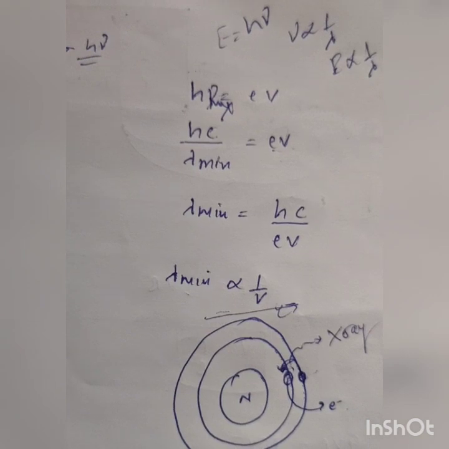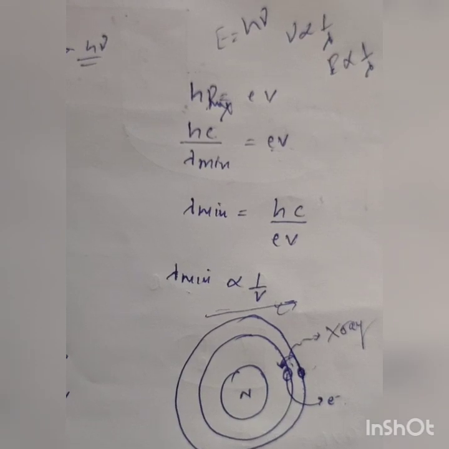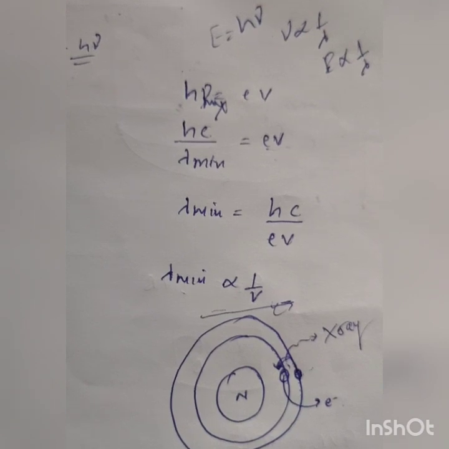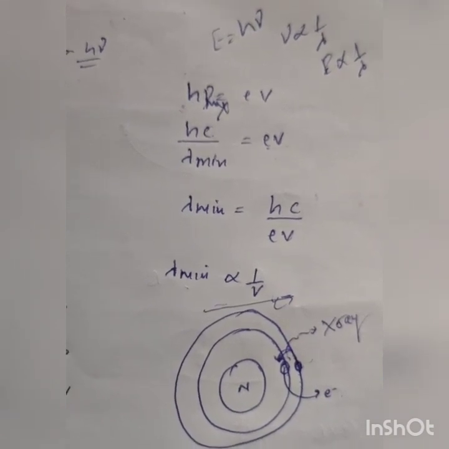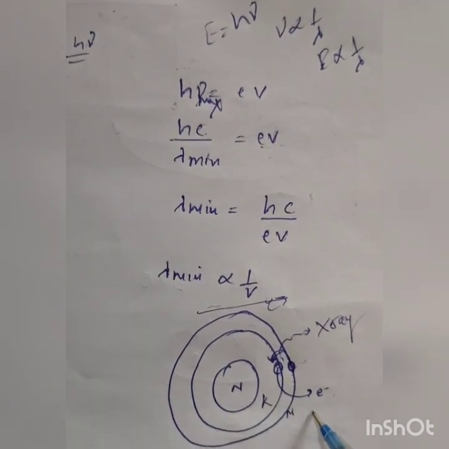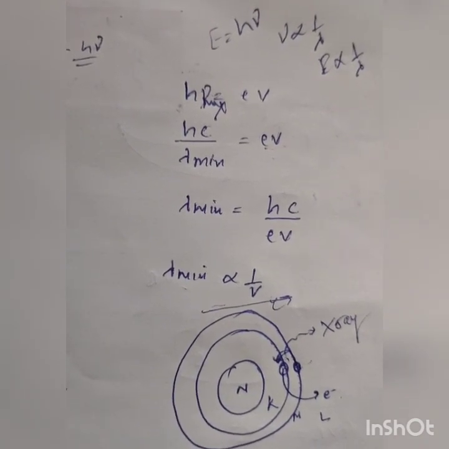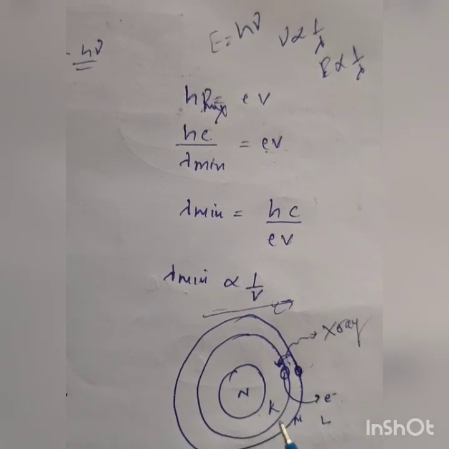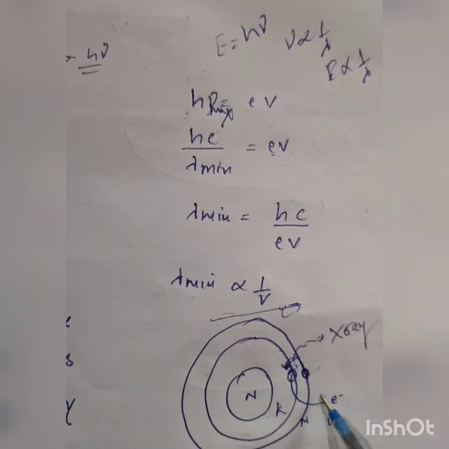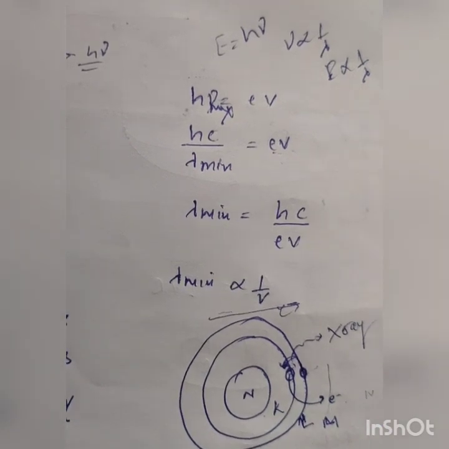If a vacancy is created, it will be filled by a higher orbit electron, and the energy will be emitted in the form of X-ray. As we know, the shells are designated K shell, L shell, M shell, etc. When the electron is emitted out from the K shell, that is, a vacancy is created in the K shell, it can be filled by an L shell, M shell or N shell electron.